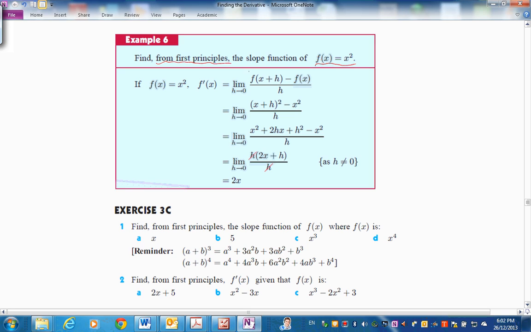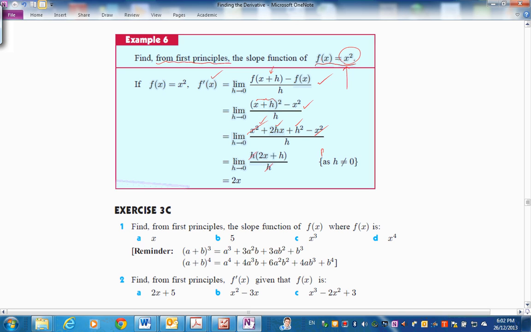So you always set it out with f dash x equals the definition. Then x squared is our function, so into the function in place of x you put x plus h. So it's x plus h squared, minus x squared, expanding it, we've seen this one before, and then subtracting, and then cancelling.